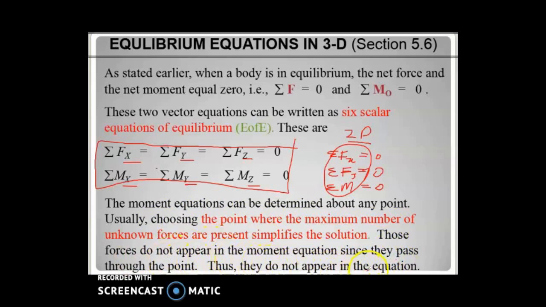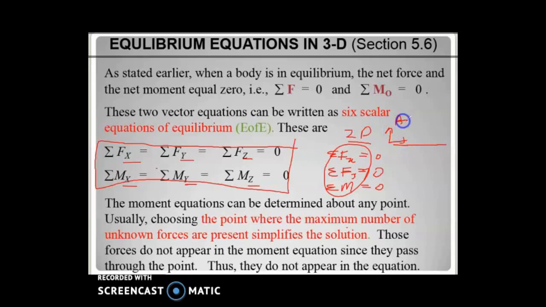This means that, similar with the previous exercise, when we want to set up the point of the moment, we need to put it at the point where there are many unknowns.